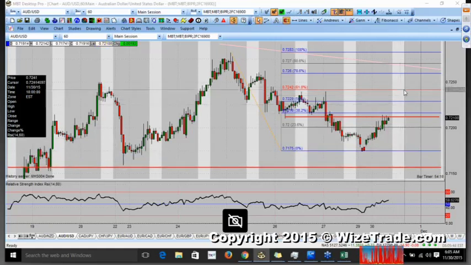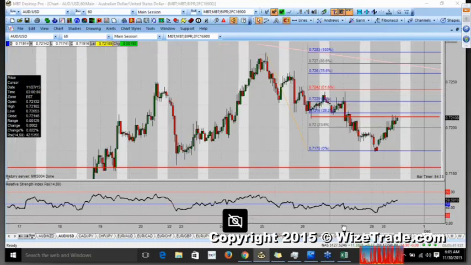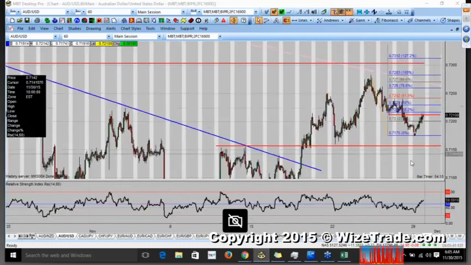So 72.40 and 71.50 are probably the levels you want to pay closest attention to.